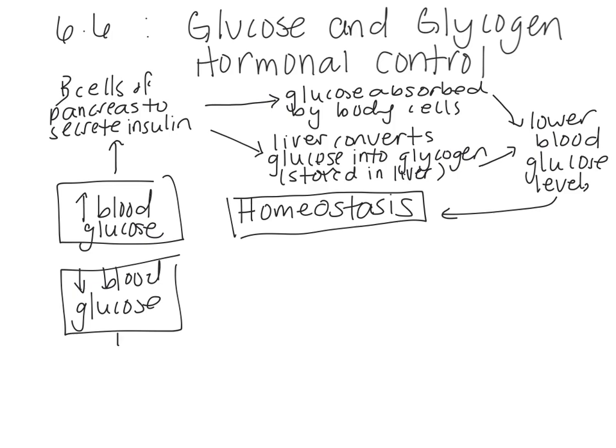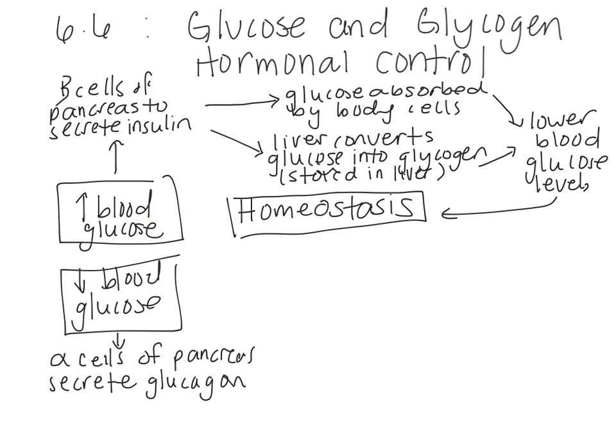Okay, this is going to cause the alpha cells of your pancreas to secrete a hormone called glucagon. The way that I remember this is when all your glucose be gone, you secrete glucagon.